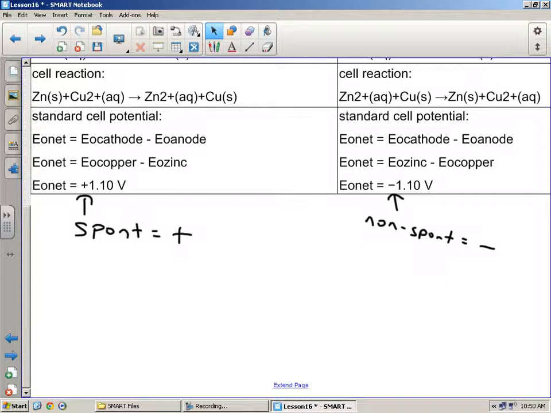If I want to recharge this battery, or this Daniell half cell, and replenish it to get it back, I need to supply at least 1.10 volts, at least that much, to force the electrons in the other way. Otherwise, they will not go. They will keep running in a spontaneous reaction. If I want to do the non-spontaneous, it's going to require at least 1.10 volts in order to force the electrons the other way.